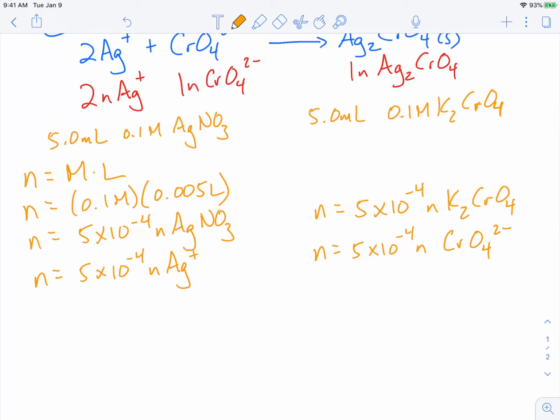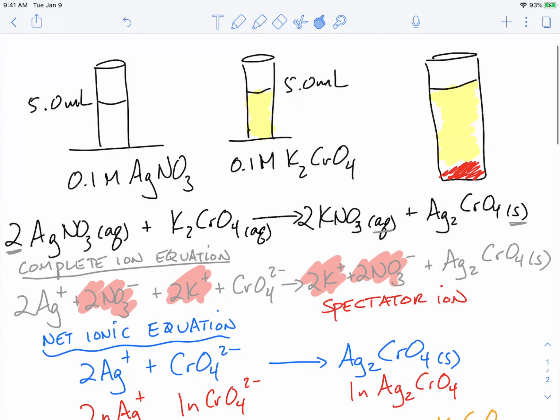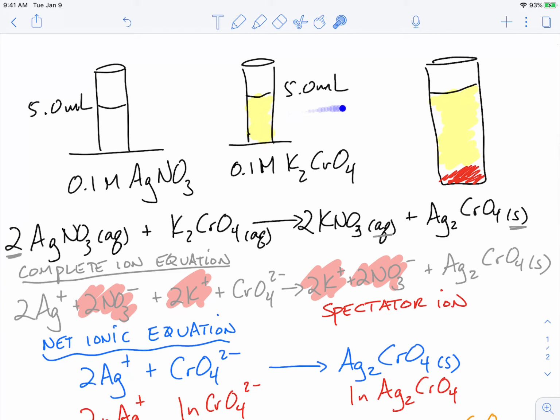So now that we know how many moles of silver ions and moles of chromate ions we mixed together, how did they react? Well, remember, our picture tells us that we had excess of our chromate solution. We know that because it was yellow. The chromate solution is yellow, and the silver nitrate is virtually colorless.